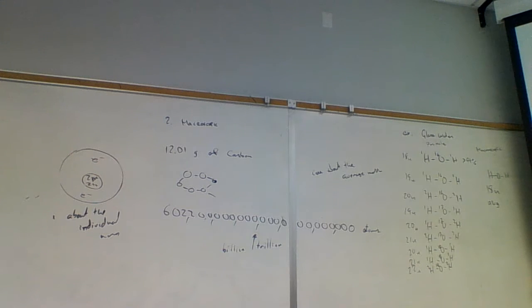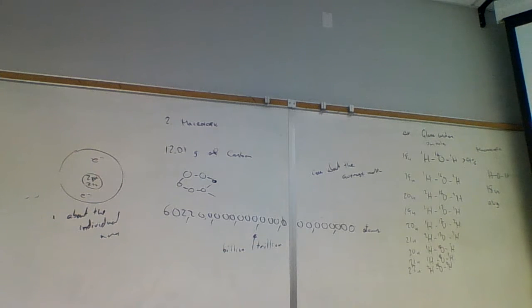But it's 75-25. It's 75% chlorine-35, so it's more chlorine-35. And so what's the average mass if it's close? It would work for carbon because there's only 1 unit. We're going from carbon-12 to carbon-13, which is 1 unit. But this is actually 2 units. We're going from 35 to 37.